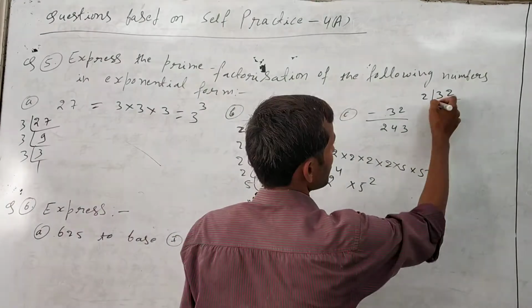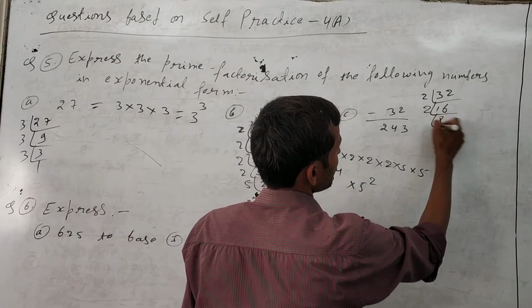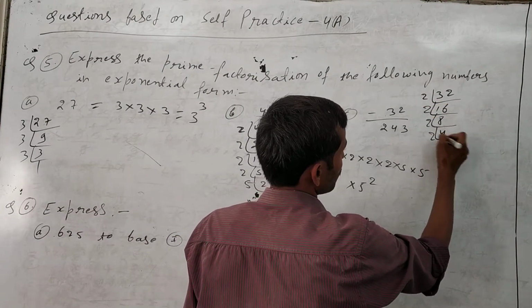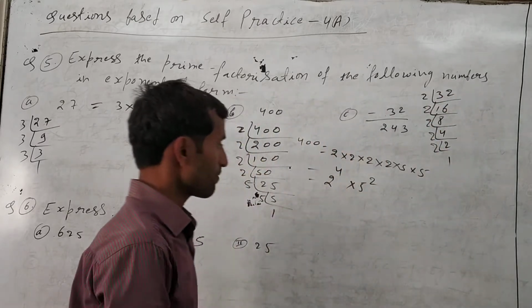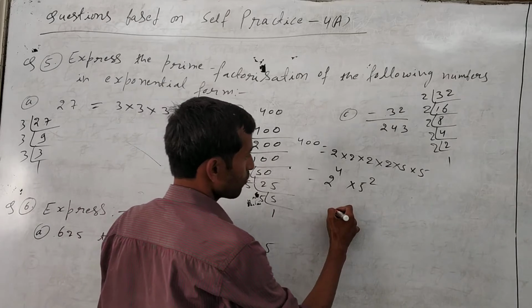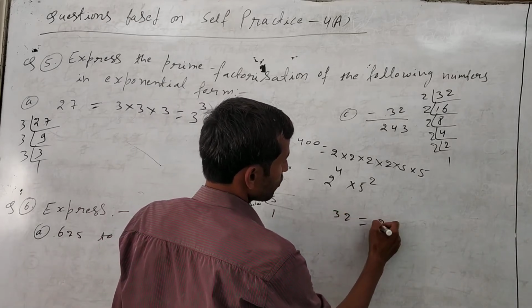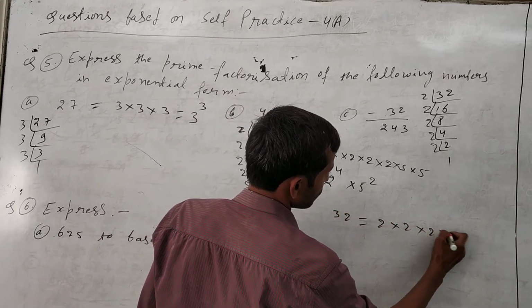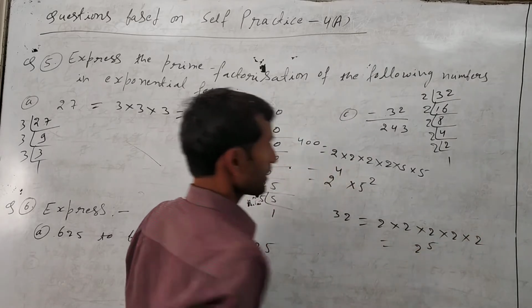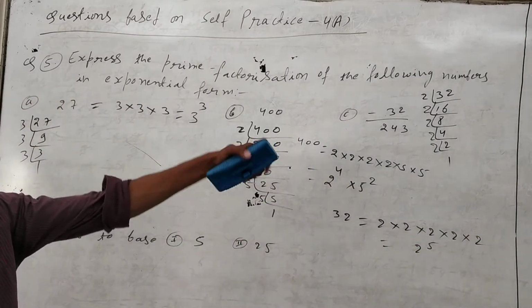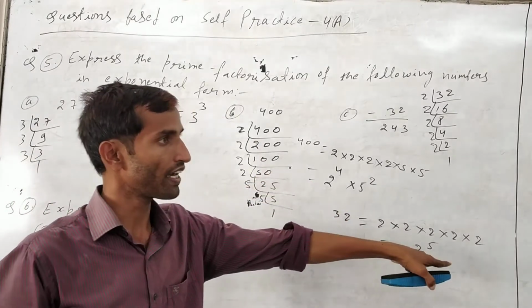It will come 16, then 8, then 4, then 2, then 1. So 32 is 2 into 2 into 2, 5 times. We write 2 power 5. So the numerator I have converted in prime factorization, 2 power 5.